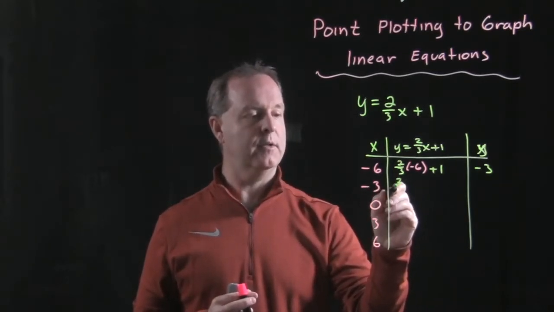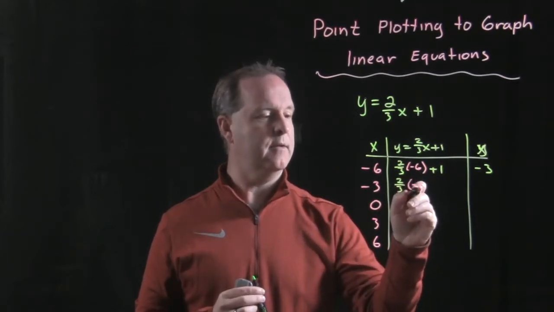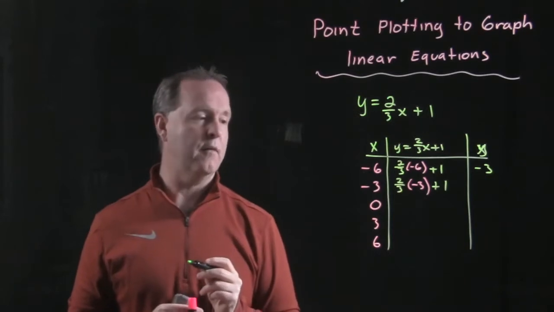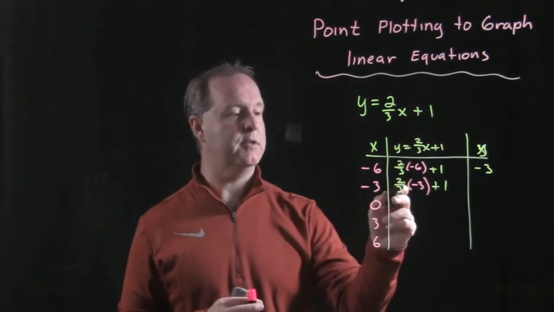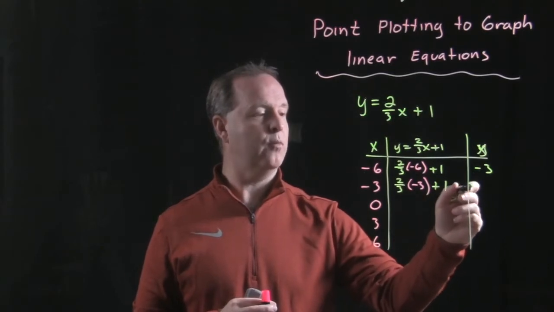So that's 2/3 times a -3 plus a 1. If we solve that down, that produces a -2 plus a 1 gives me a -1.